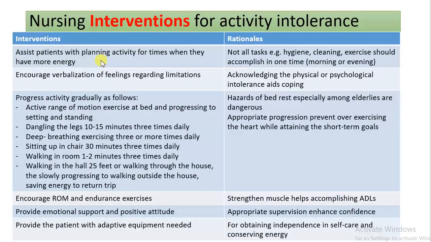For example, if the patient has had a great rest and great nutrition, and doesn't have any problems, and is full of energy, we can do some main activities like hygiene, cleaning, and exercise when the patient has more energy.